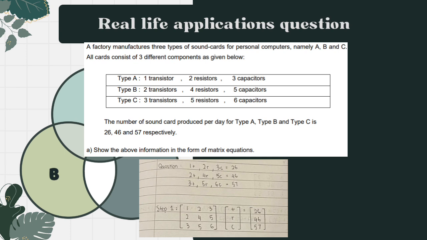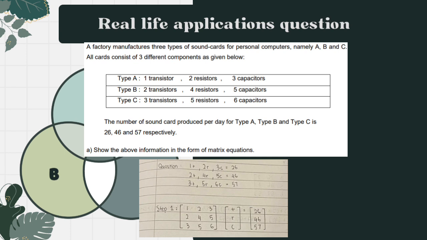Type B, 2 transistors, 4 resistors, and 5 capacitors. And type C, 3 transistors, 5 resistors, and 6 capacitors. The number of sound cards produced per day for type A, type B, and type C is 26, 46, and 57 respectively. Show the above information in the form of a matrix equation.